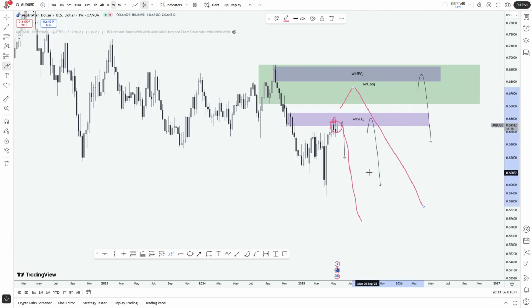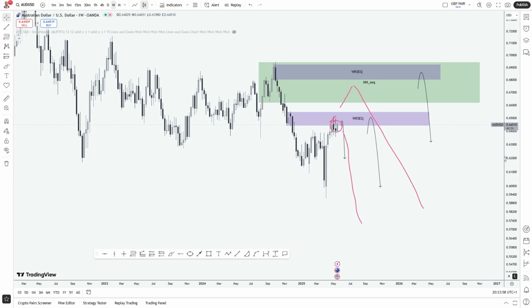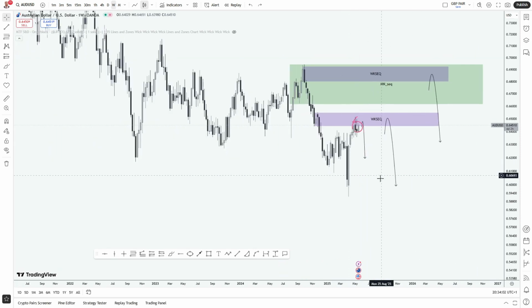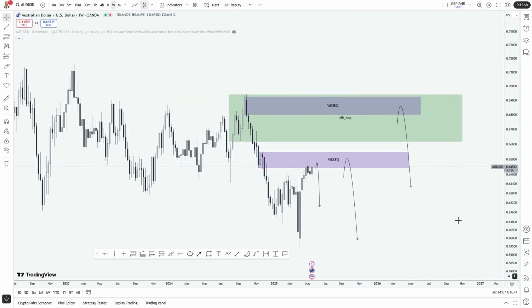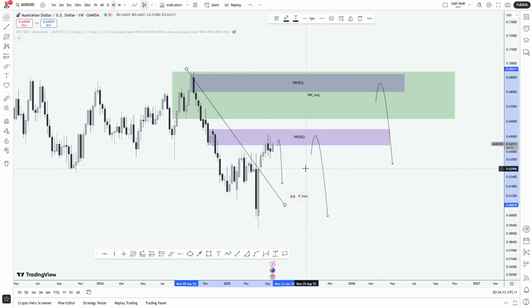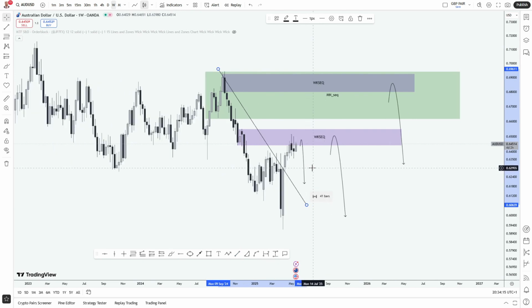But like I said, the weekly time frame for the AUD USD is actually bullish. Looking at it, we can see that price has broken this momentum trend line. But of course, we know that for us to establish if a trend is bullish or bearish, it has to do two things. One, it has to take out a momentum trend line.